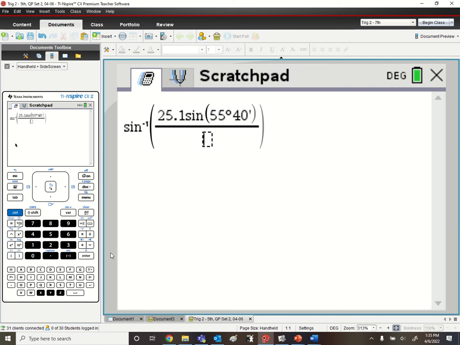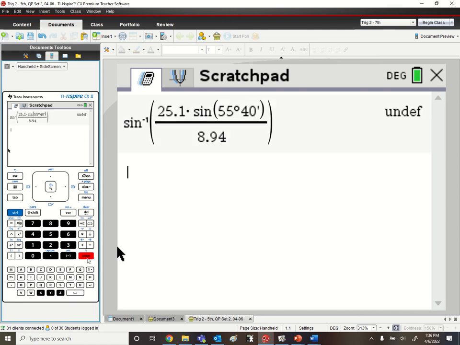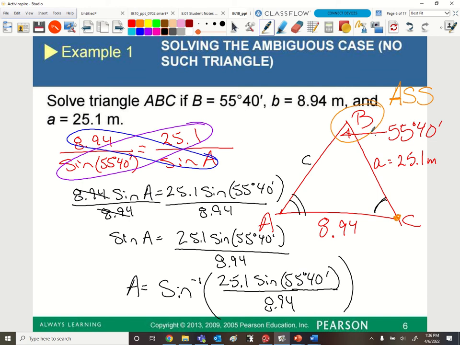Alright, and what was on the bottom? 8 point. There we go. And what do we get? Undefined. What do you think undefined means? There's no triangle. There's 0 triangles here. So that means that, because of that, this is not going to be a full triangle.